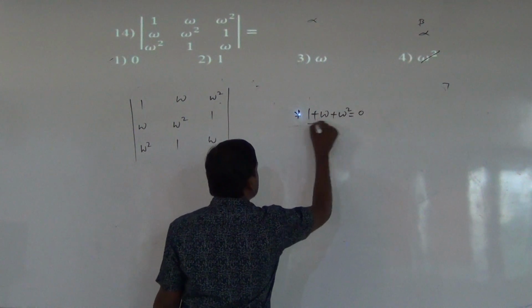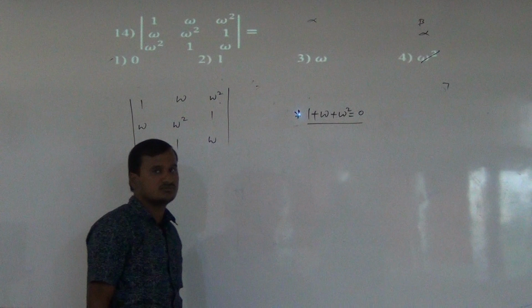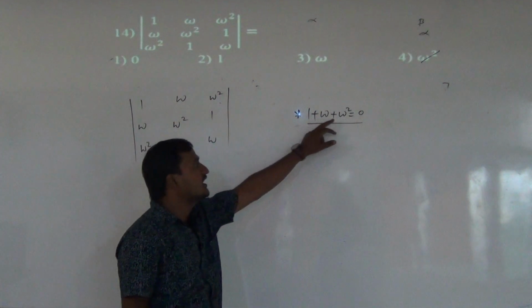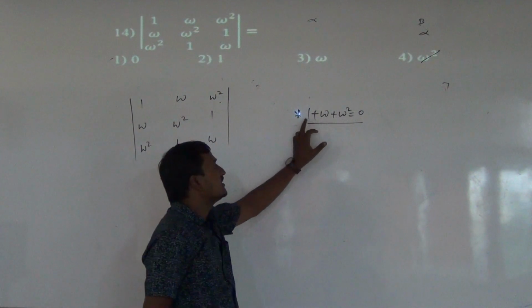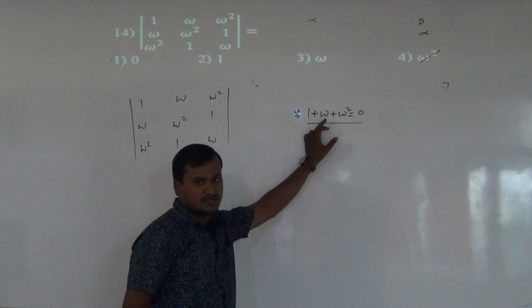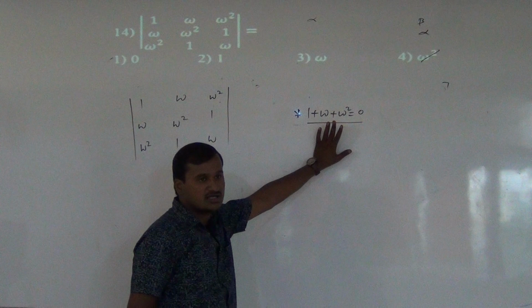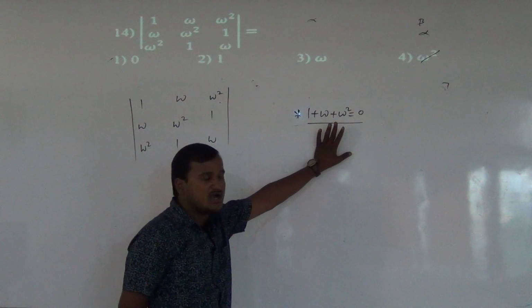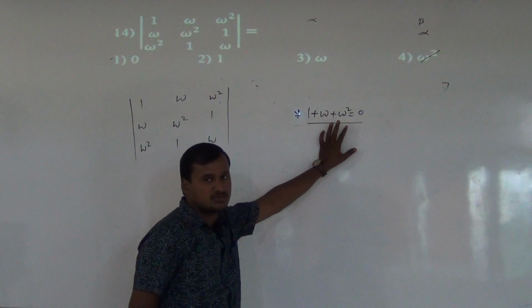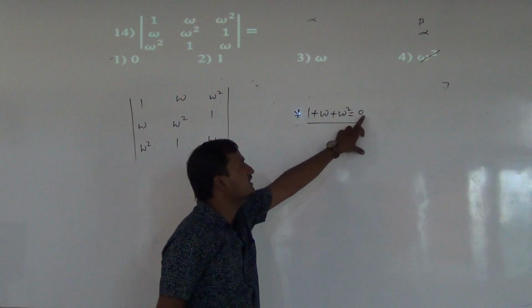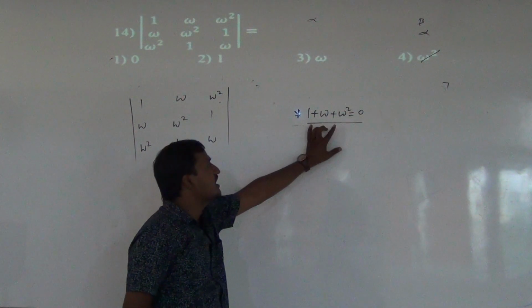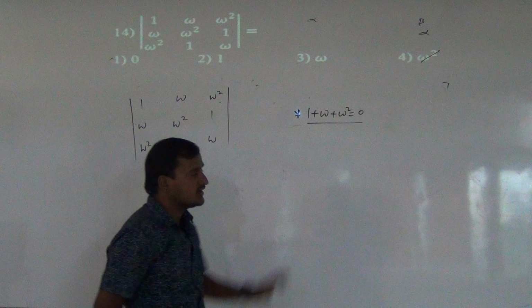The value of this is equal to 0, right? So 1, omega and omega square, these are the cube roots of unity, right? Suppose if you add all the roots of the cube root of unity, you are getting 0, right? So just I have to use this one, right?